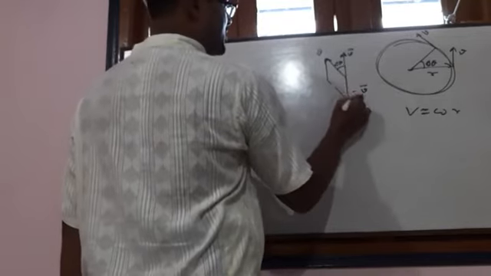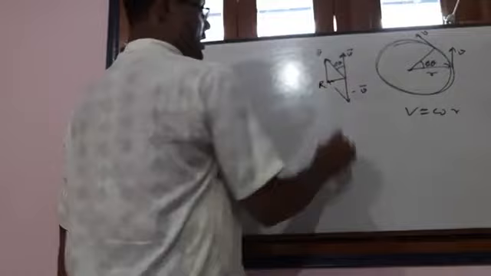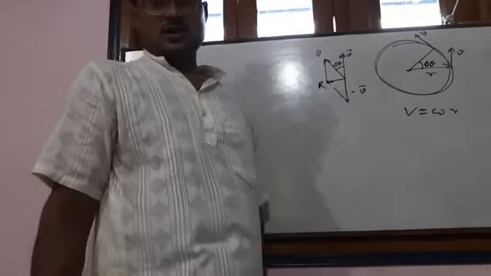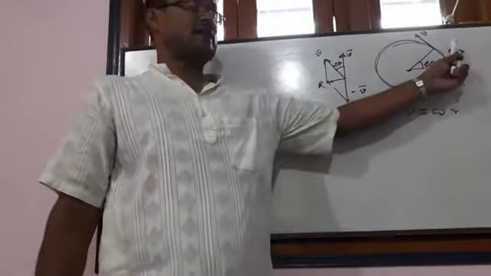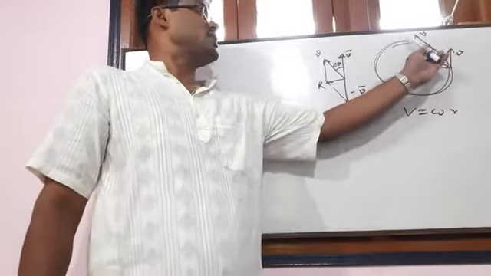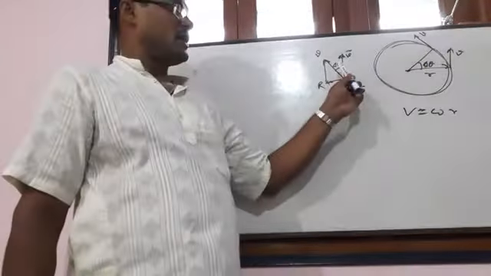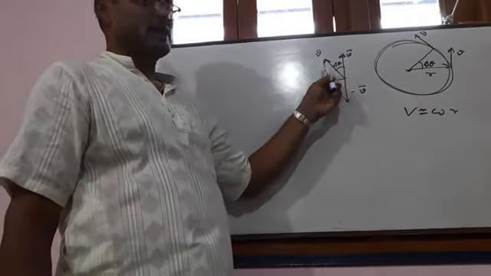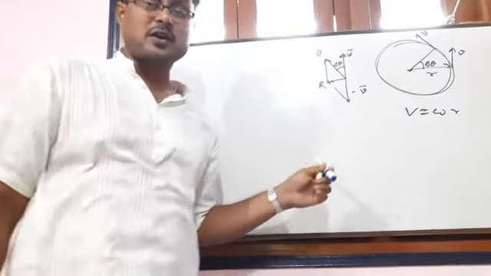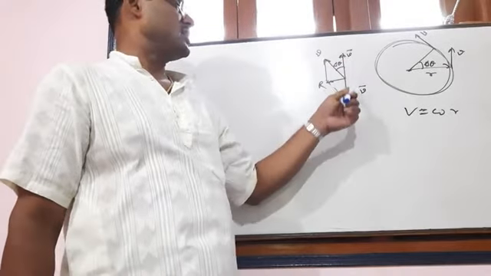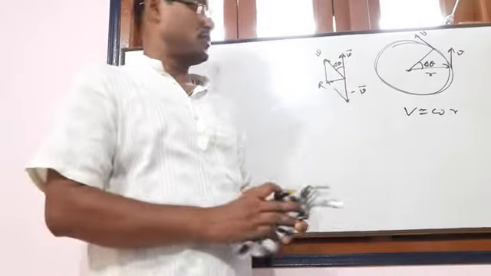Now parallel is considered. This is the change, r. So how am I getting this r? The initial vector is this v vector. It is turned through an angle delta theta. Now two vectors we are getting here, and we have to subtract the initial from the final. That's why I am taking the opposite of this initial one.